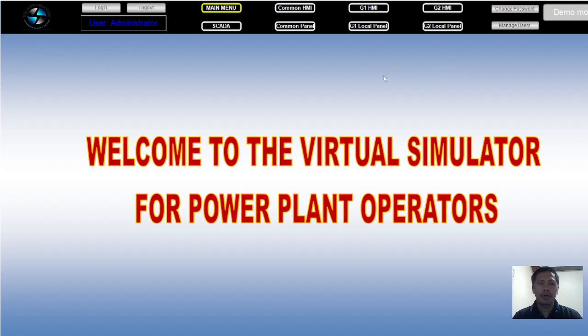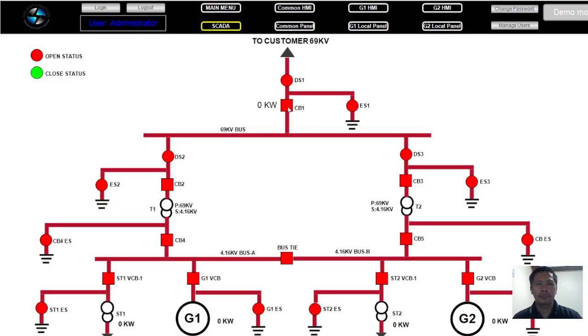So now to begin the simulation, first we will go to the SCADA. In the SCADA, this is the single line diagram of the design simulator.